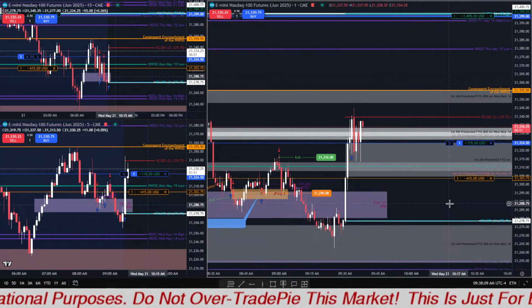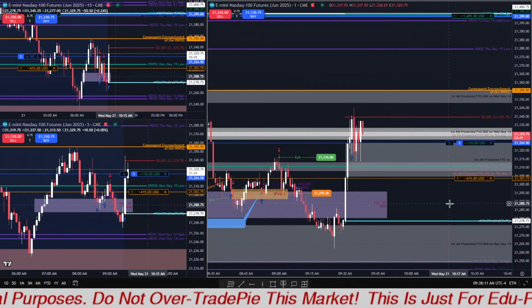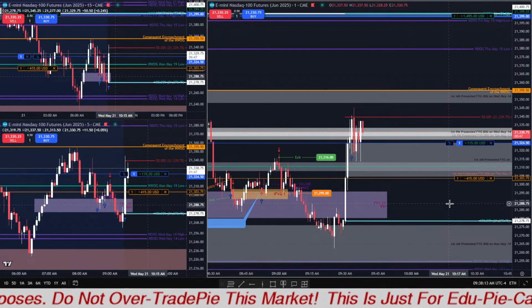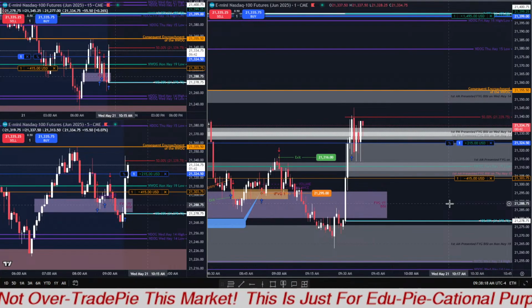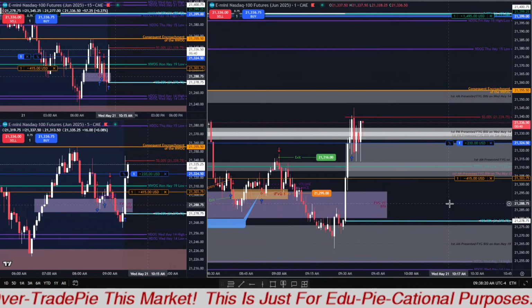Now we started going towards the midpoint of the opening range gap at 21,400 almost. I'm sorry, 340.